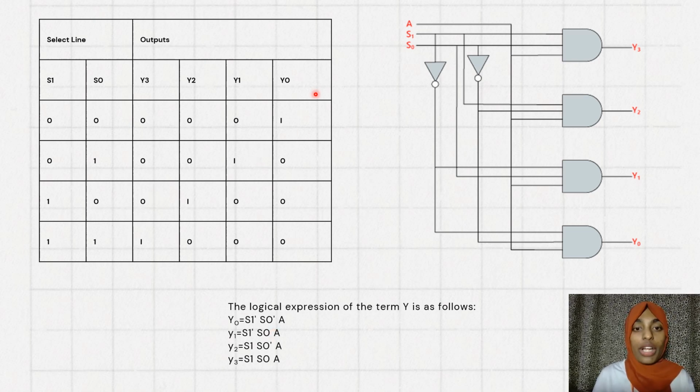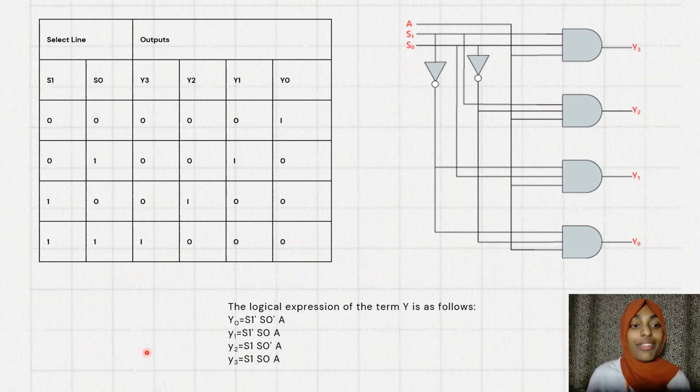When y0 is 1, both s0 and s1 are off, that means 0 0. The second one is y1. When y1 is 1, it is s1 bar, s0, and a. The same I have mentioned here. And y2: y2 is 1 when s1 is 1 and s0 is 0. The same is written here in the logical expression.